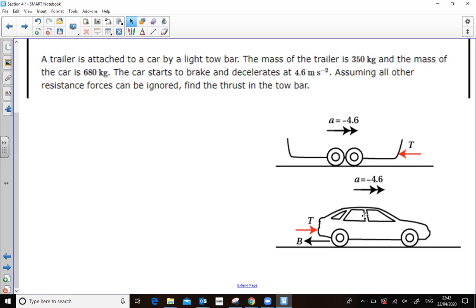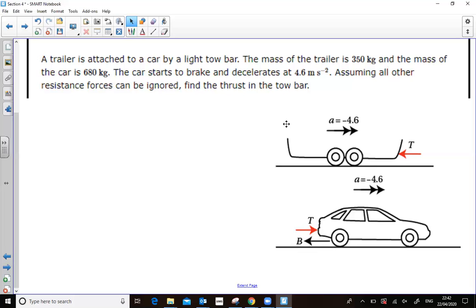Okay, so now just a little quick note. What is a thrust force? A thrust force is directed towards the object. That's something to help you understand the diagram a little bit better.